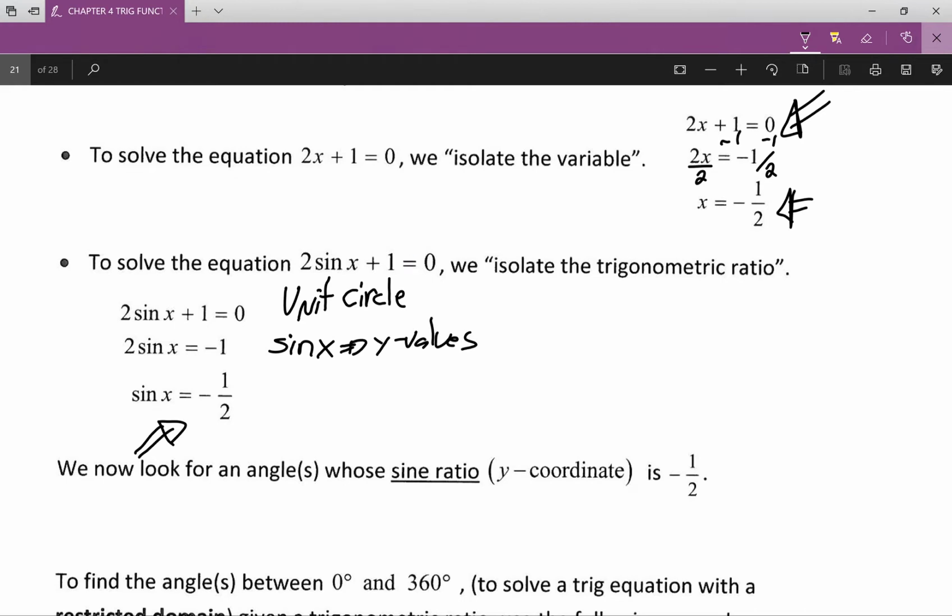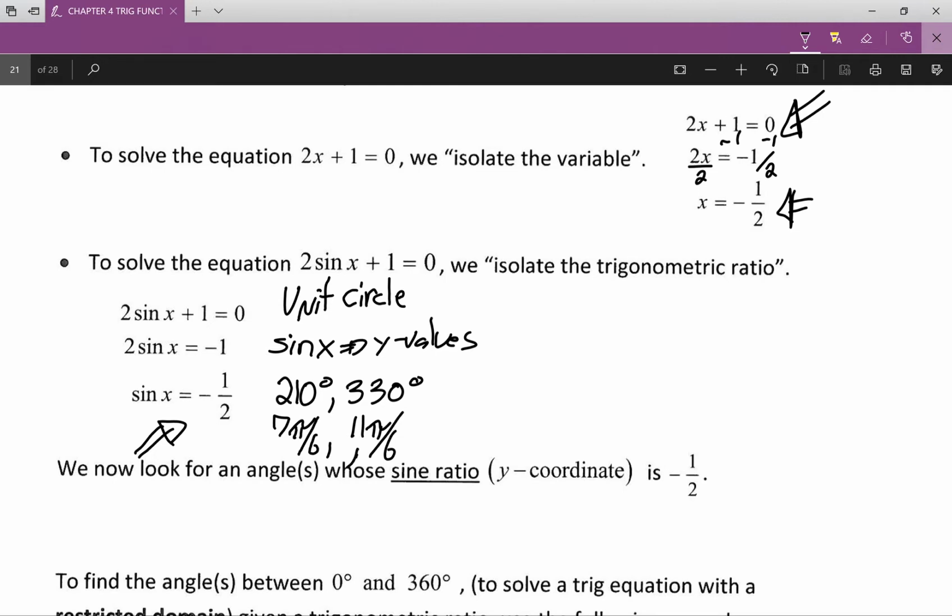So we're going to check for where the y values on the unit circle are equal to negative 1 over 2. Looking at my unit circle, that tells me that in degrees my answer is going to be 210 degrees or 330 degrees. If I wanted these answers in radians, it would be 7 pi by 6 radians or 11 pi by 6 radians. So we get these two solutions.